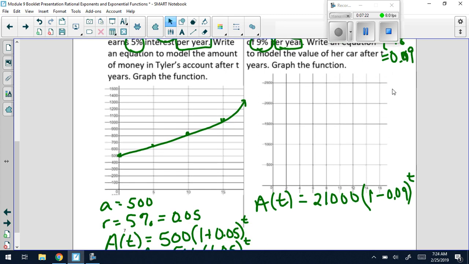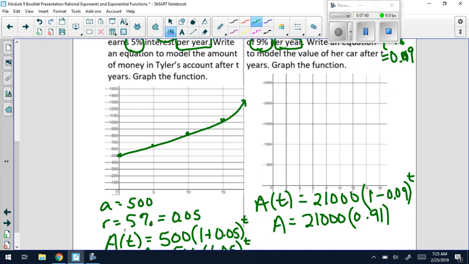Doing that subtraction, I'm going to get 21,000 times 1 minus 0.09 is 0.91. And again to the t. T is an exponent there.